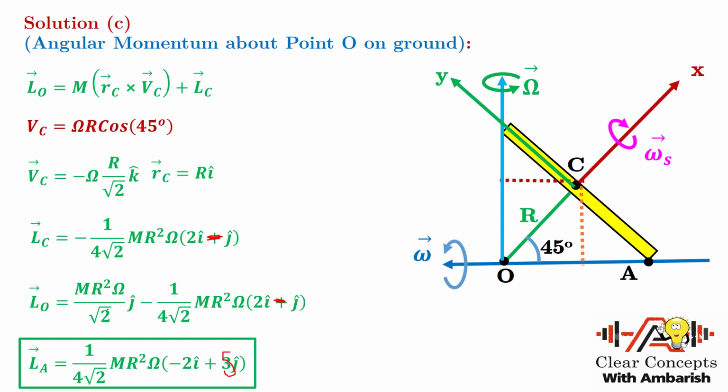So if you simplify this, it comes out to be 1 by 4 root 2 m r square omega times minus 2 i cap plus 5 j cap. So this is our angular momentum about O, not about A. This is our final answer for angular momentum about O.